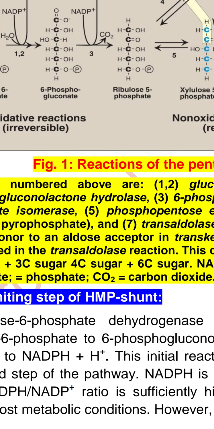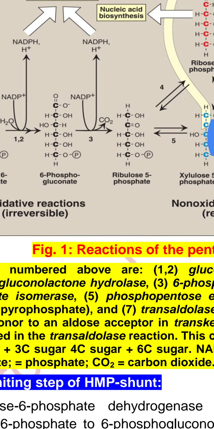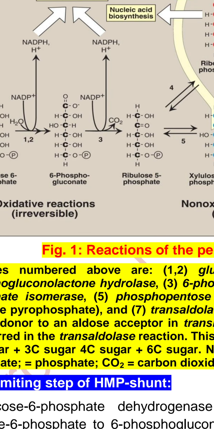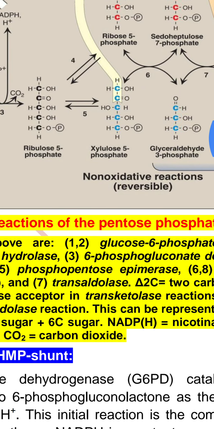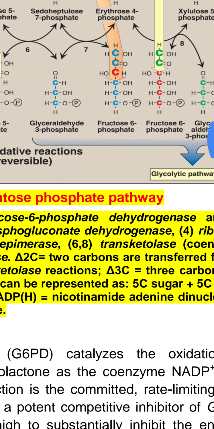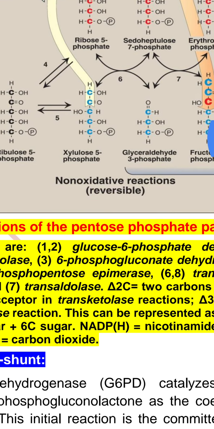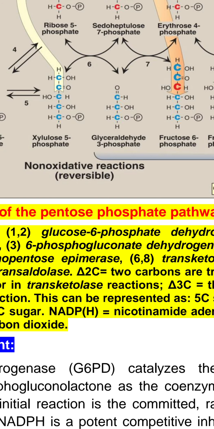Two enzymatic reactions, and the third enzyme, which catalyzes the generation of ribulose 5-phosphate and a second molecule of NADPH, is 6-phosphogluconate dehydrogenase.